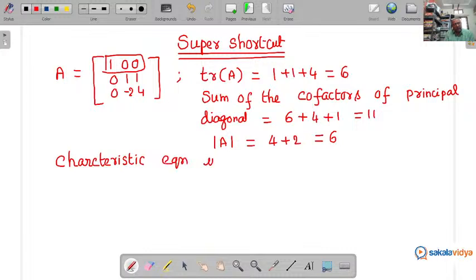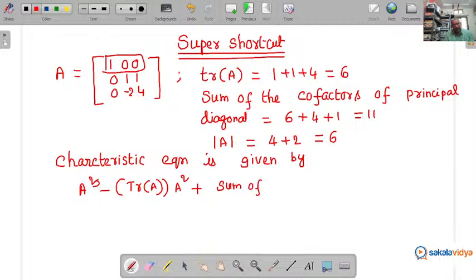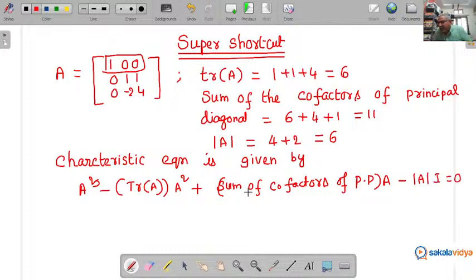The characteristic equation is given by, this is a very important step, I will give the shortcut formula: A cube minus trace of A into A square plus the sum of cofactors of principal diagonal elements of A, minus det A of I equals 0. This is called the characteristic equation.